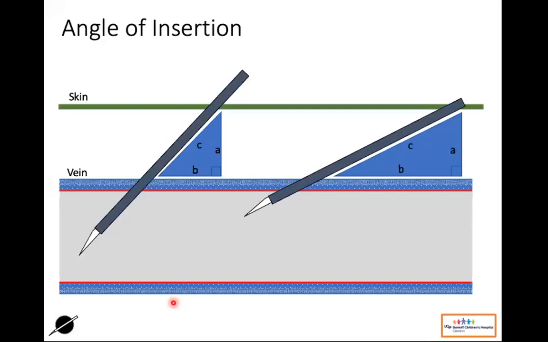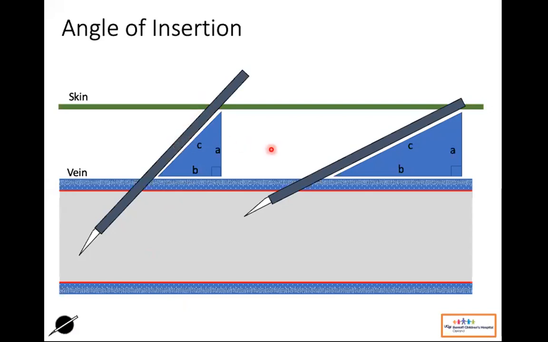We need to think about angle of insertion. When we have those nice superficial veins, we're coming in relatively shallow. We know we're going to get in there relatively quickly. We're going to have a lot of catheter in the vein we want to go. Sometimes when we're going a little bit deeper, we're going to use a steeper angle to get through our tissue and into our vein.